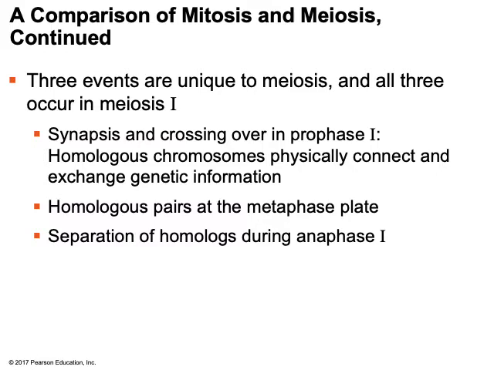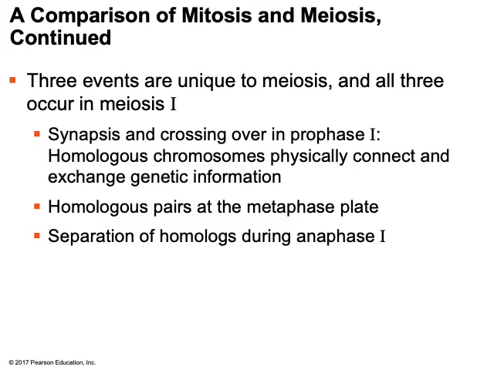So if you get dad's chromosome 1, you might get dad's chromosome 2, but there's an equally likely chance you get mom's chromosome 1, mom's chromosome 2. What happens to chromosome 1 is independent, and it's actually called independent assortment, of what happens to chromosome 2. And then when we separate those homologs during anaphase, that's what's going to create the difference.